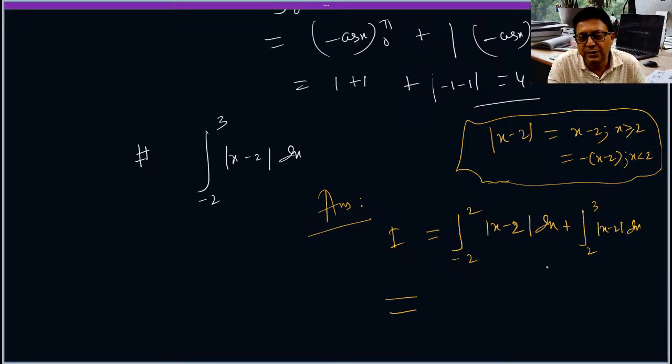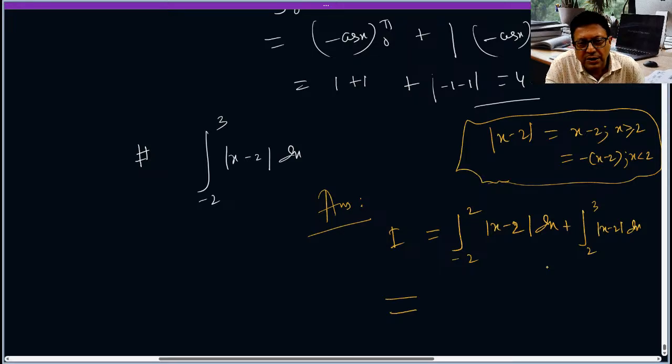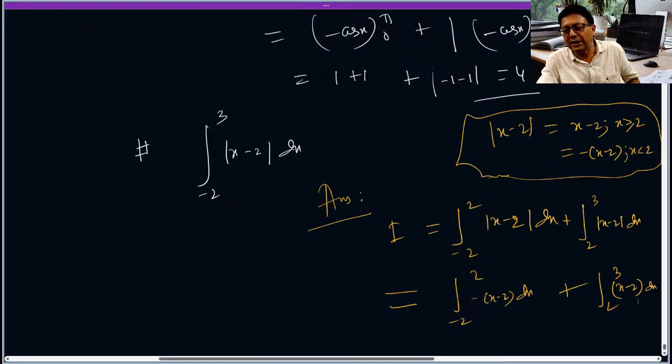So this part is what? Minus 2 to 2, mod x minus 2. What is the value here? Less than 2, it is negative. And this one is positive, 2 to 3, x minus 2 dx.